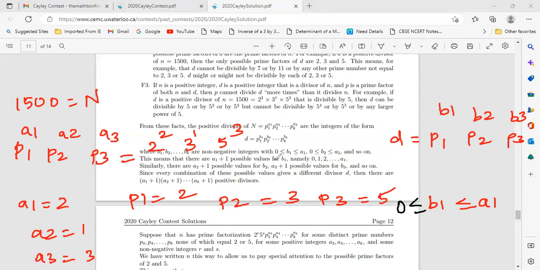So if you apply the same boundaries for the rest, B2 should be lesser than or equal to A2, and of course it is a positive integer. Similarly, B3 is supposed to be lesser than or equal to A3, and it is also greater than or equal to 0.